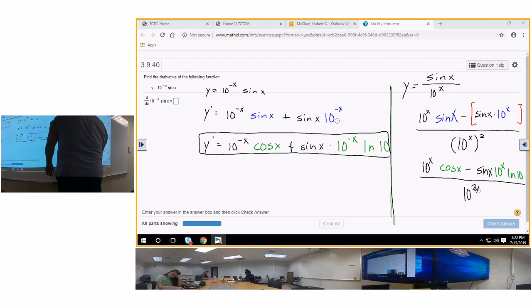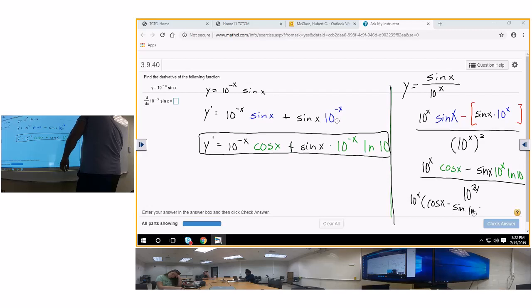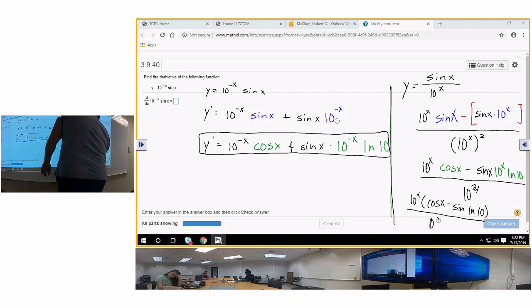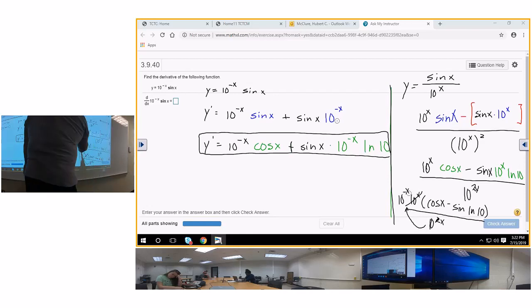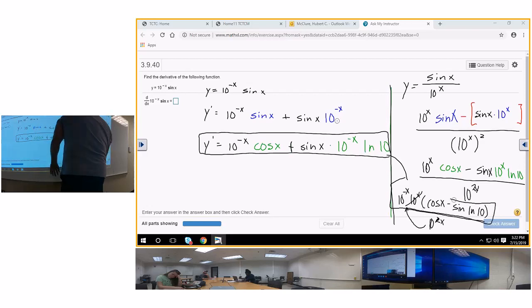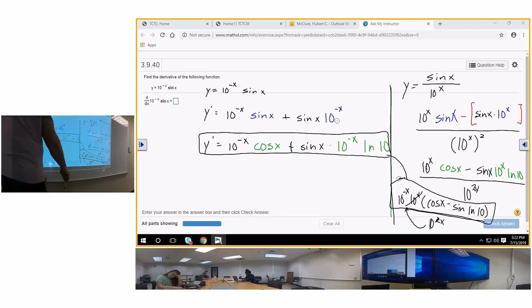So factor out a 10 to the x, that leaves you with cosine of x minus sine x natural log of 10 over 10 to the 2x, and that will cancel that guy out, bring this guy back up, and that's 10 to the negative x. And that's equal to that. What else can you do?